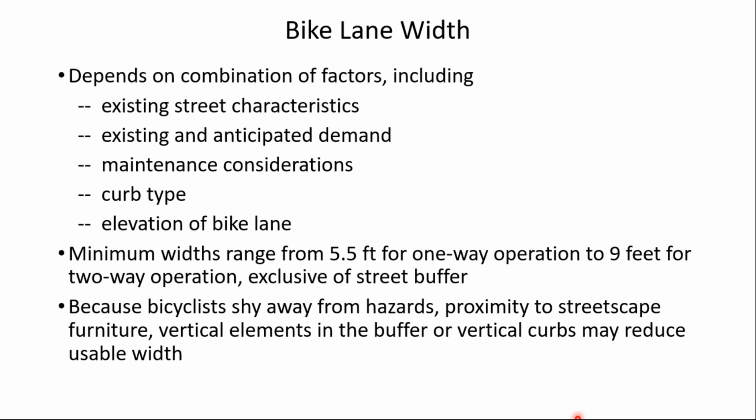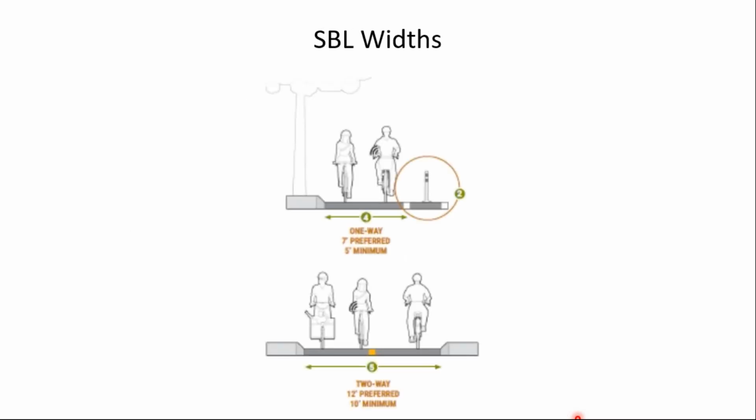And remember that because bikes shy away from hazards, the proximity to streetscape furniture, the different vertical elements we've talked about, or vertical curbs may reduce the usable width. So the physical width may be wider than the actual functional width. And here you see some information on the separated bike lane widths for one-way versus two-way facilities.